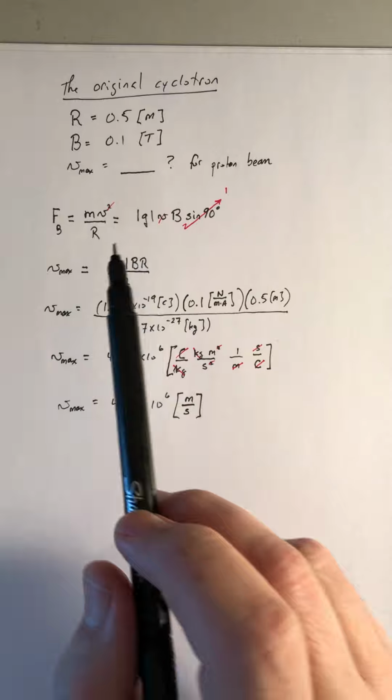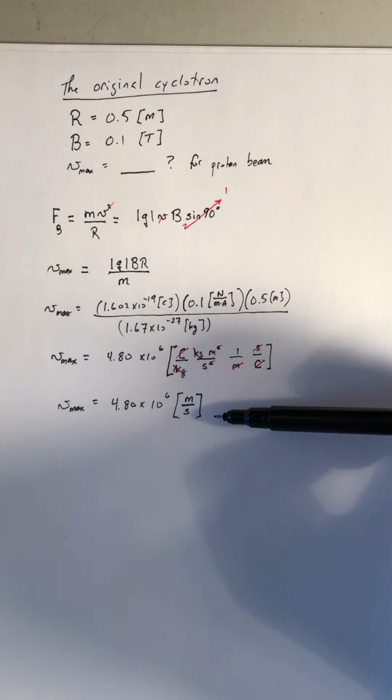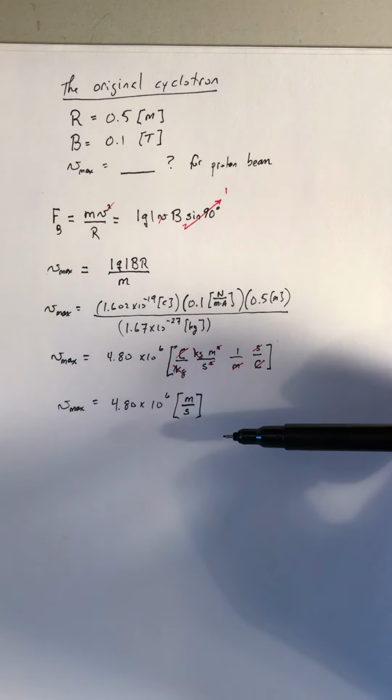And for Lawrence's original cyclotron, you can tell from this answer that you're getting protons a bit faster than 1% the speed of light.